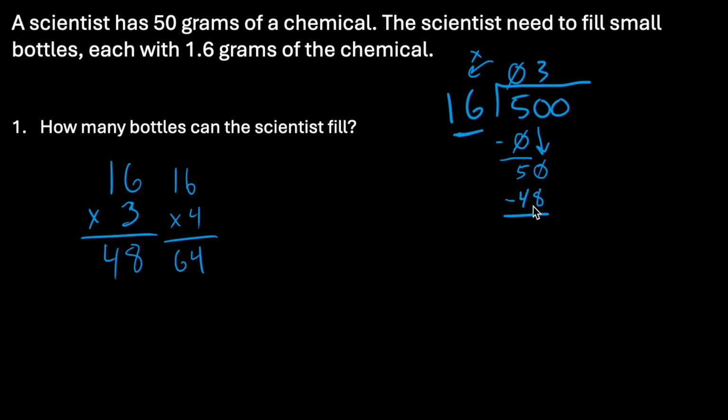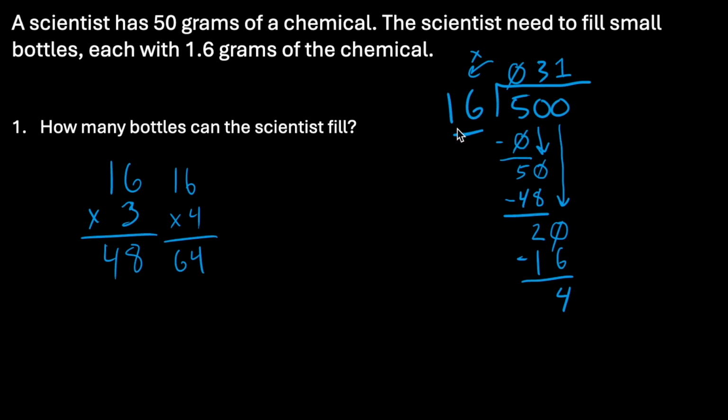And 50 minus 48 gives us 2. And then you bring down this 0, and now we have 20. Now, how many times can 16 fit into 20? 1 time. So I'll write the 1 up here. 1 times 16 is 16. And 20 minus 16 gives me 4.